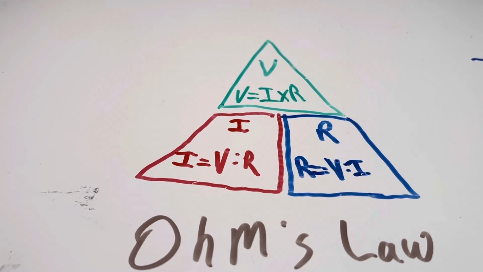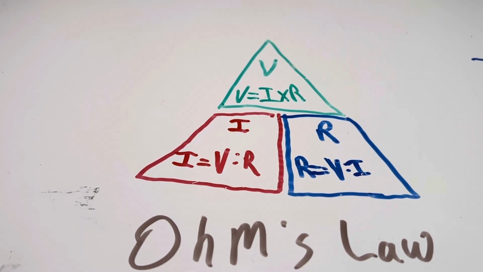So Ohm's law is really a compilation of three different formulas. The first that I want to go over is voltage. Voltage equals amperage times resistance, or intensity of current flow times resistance. So as voltage rises, the current and resistance will also drop.